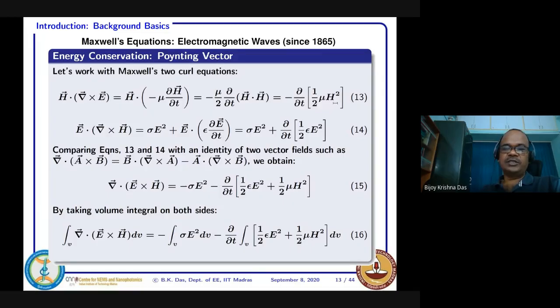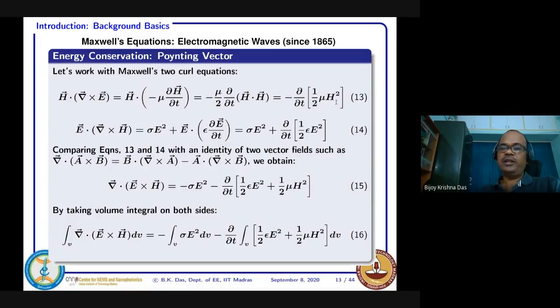Note that if you take a dot product with H, then the right hand side becomes the rate of change of half mu H square. And from magnetostatics, you know that half mu H square is the energy density due to the magnetic field.